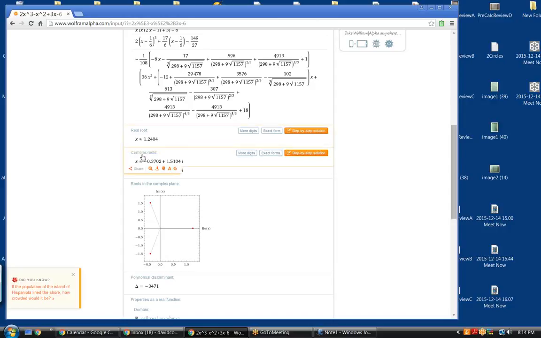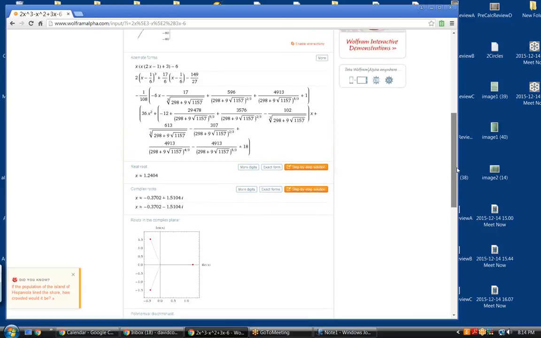But apparently, you can have an irrational solution that doesn't come in pairs, like this one. This is only one solution, and it appears to be irrational. And, gosh, from all the mathematics that we're looking at here, those are definitely irrational numbers.